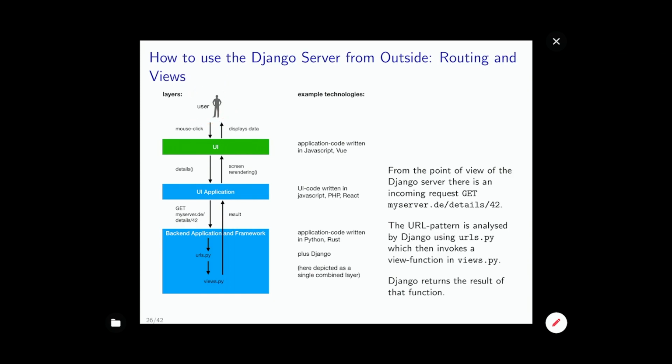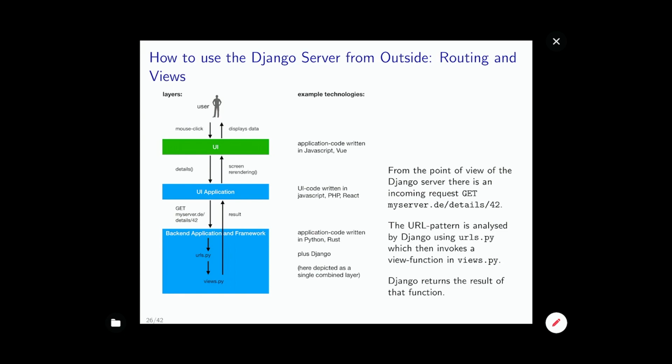So he or she has a mouse click on the UI, and the UI will eventually call a function in the UI application, however that is implemented, JavaScript, PHP, or whatever. The mouse click is translated to a function call, and then in the UI application, you make a request to the Django server.